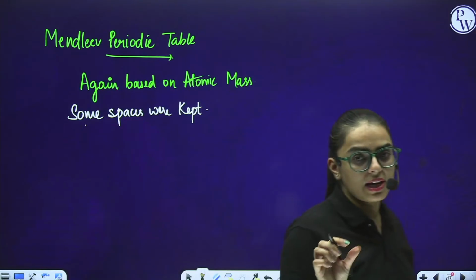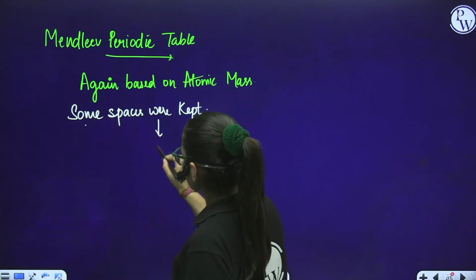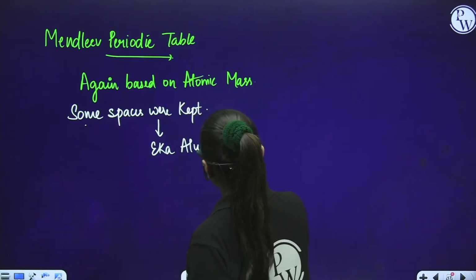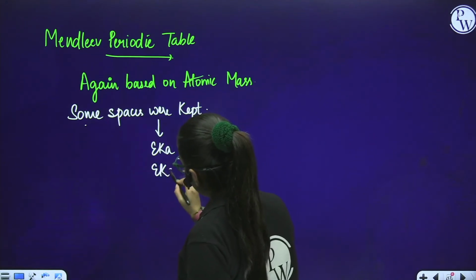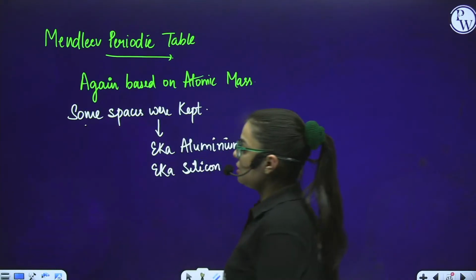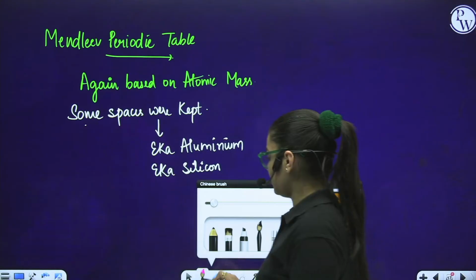They kept some spaces left so that in future some elements would be discovered. And they kept the names of those spaces as eka-aluminium, eka-silicon. So these were the names given to the spaces that were present there.